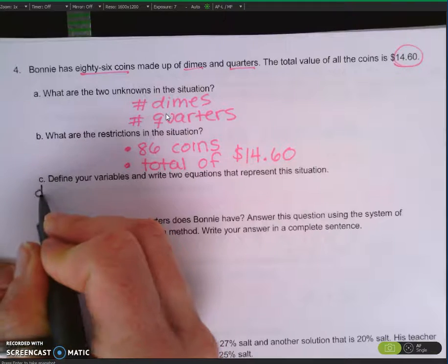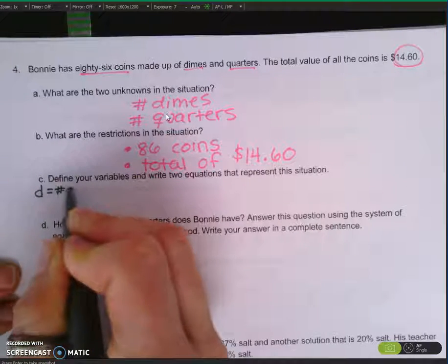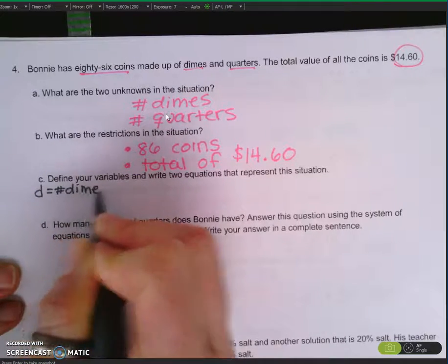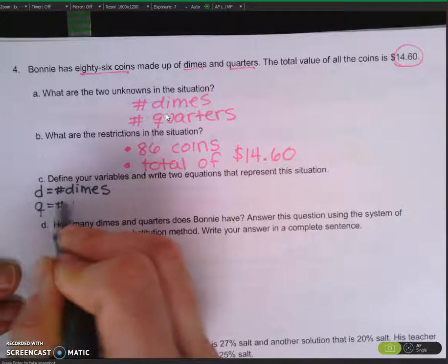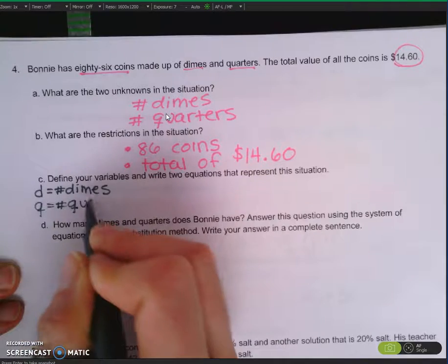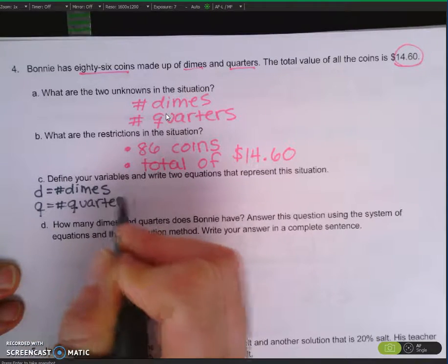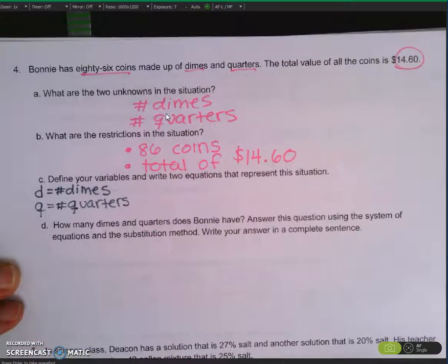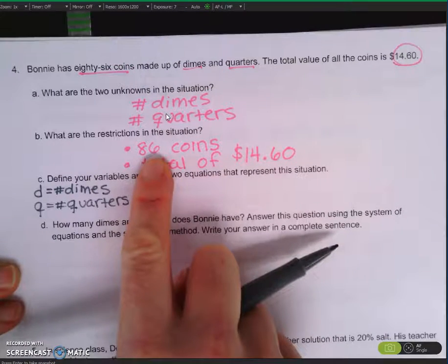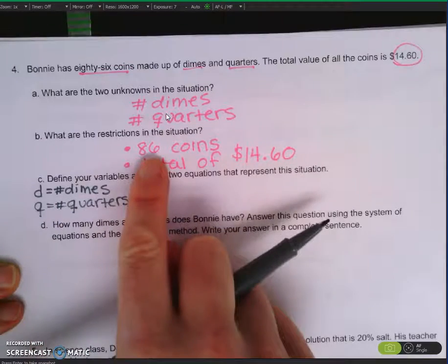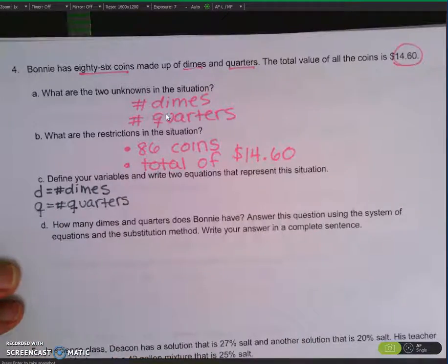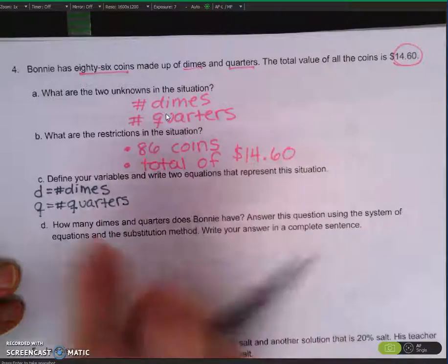So I'm going to use D to equal the number of dimes Bonnie has, and Q to equal the number of quarters that Bonnie has. Let's talk about the first restriction, 86 coins. If I have D dimes and Q quarters for a total of 86 coins, what's that restriction?